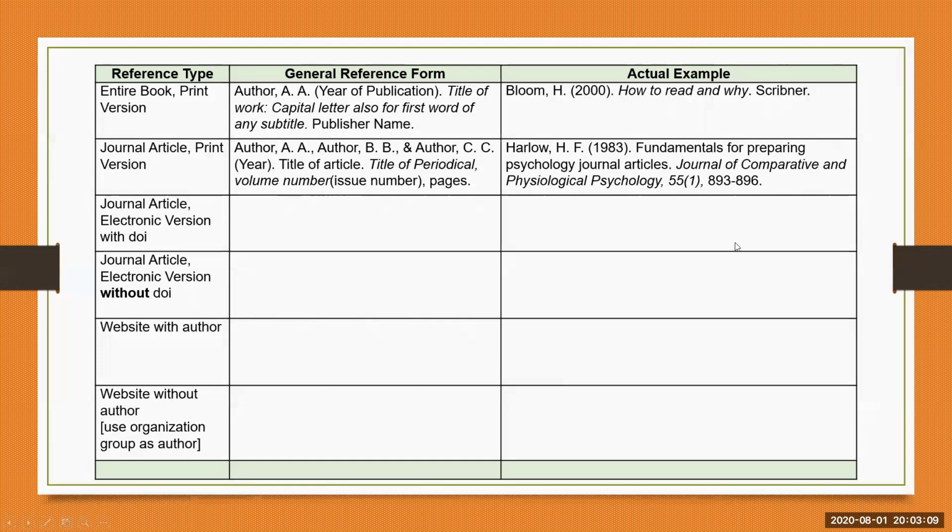You can find them, they're in there, certainly easy to do if you want to just write one out for yourself. If you want to be the author, that's fine too. Write yourself a title and a journal that you put it in, and that's all. Just make it fun, I guess. So you just need four patterns, four actual examples. This is journal article with and without DOI, website with and without an author.